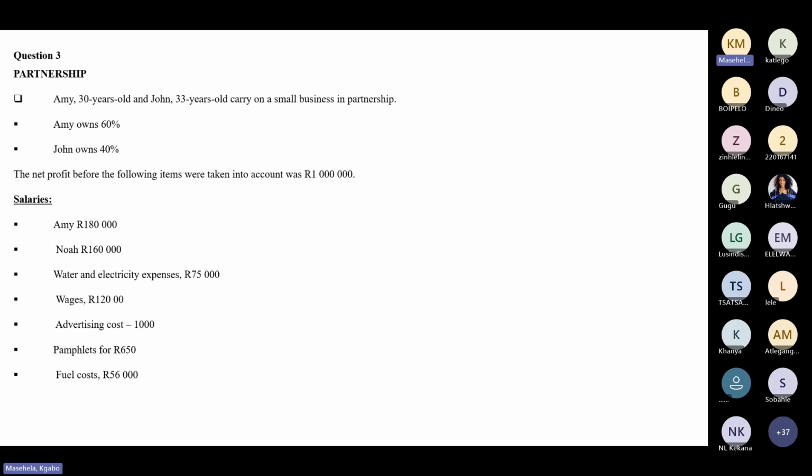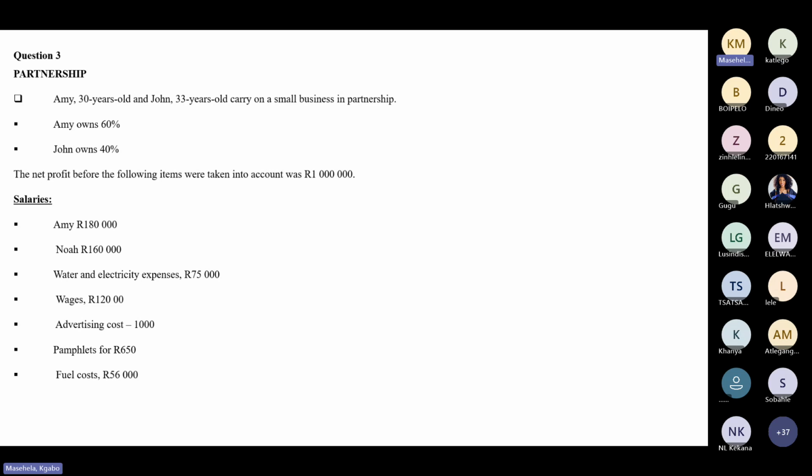Then after that, you need to distribute. If there's any income, it must be divided according to the profit sharing ratio. If there's any losses, again, it must be shared amongst the two using the profit sharing ratio.